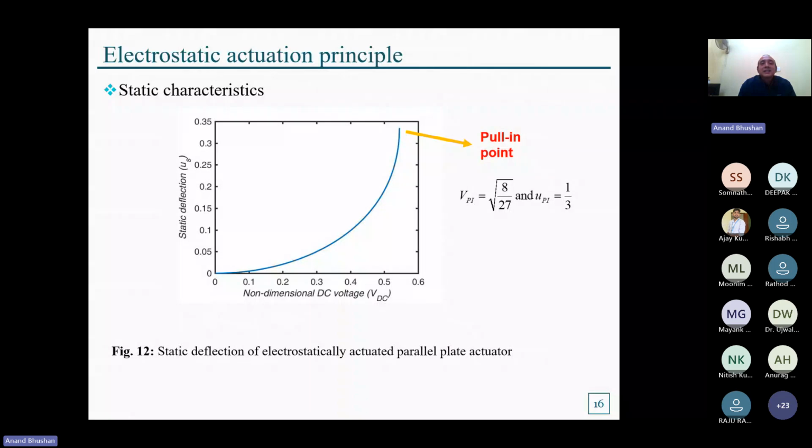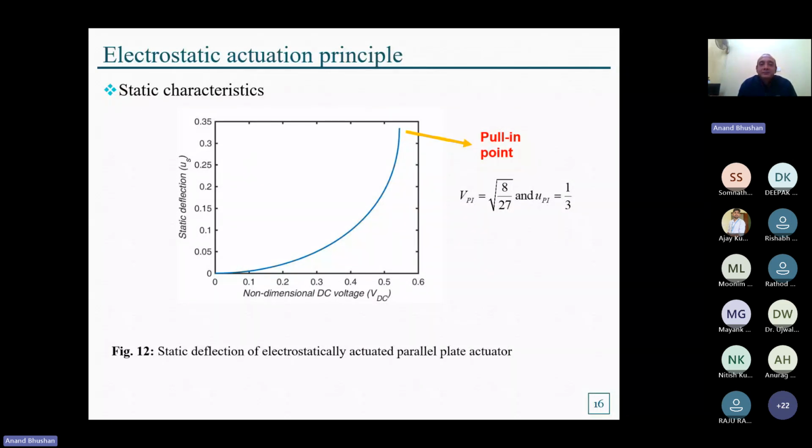Now, a very important thing we can see in this figure is that when the DC voltage is near 0.5 or 0.6, that is the VPI, square root of 8 by 27, the slope of this curve reaches infinity. So what does it mean?